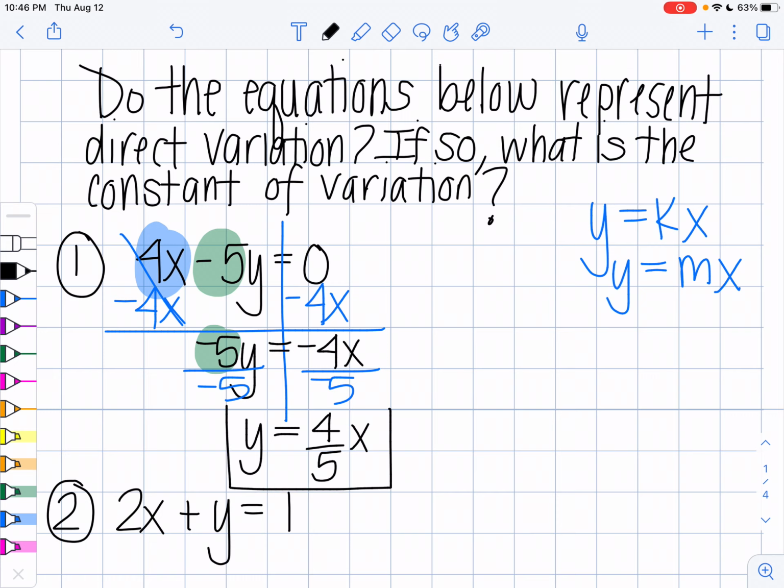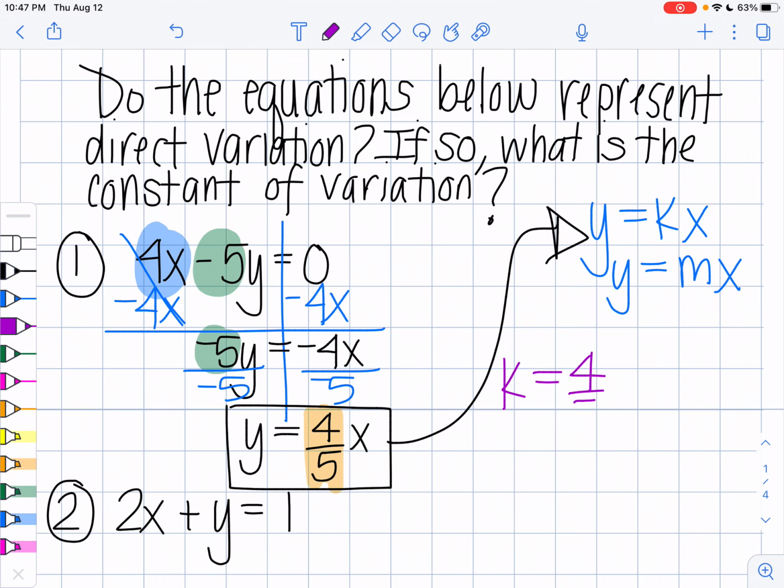This is my answer. Does it look like y equals some number times x? It sure is. So what's your constant of variation? 4/5. And yes, this is direct variation because it looks just like this.